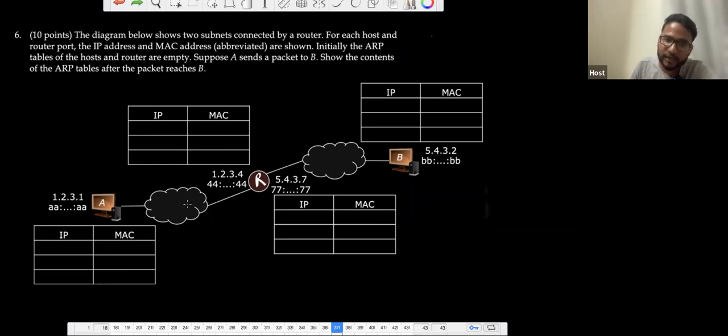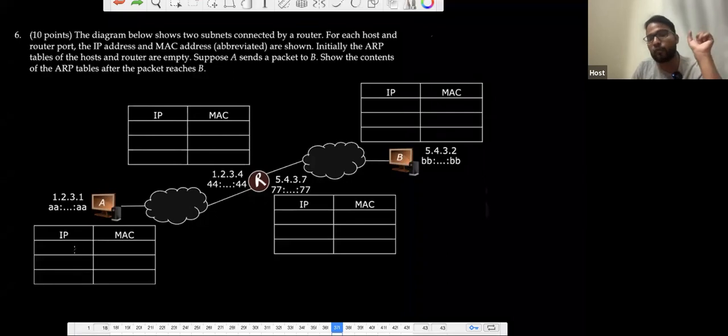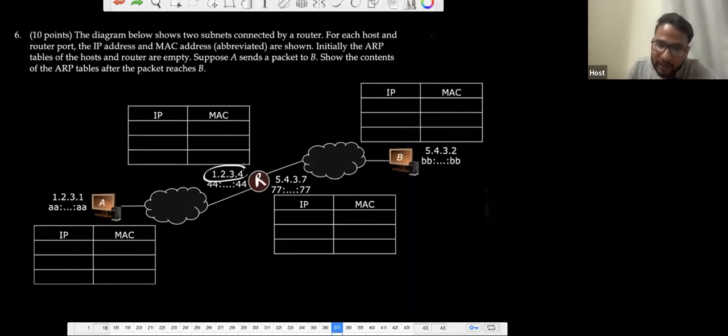If A is sending a packet, what will A get to know? It will get to know the IP address and the MAC address mapping.